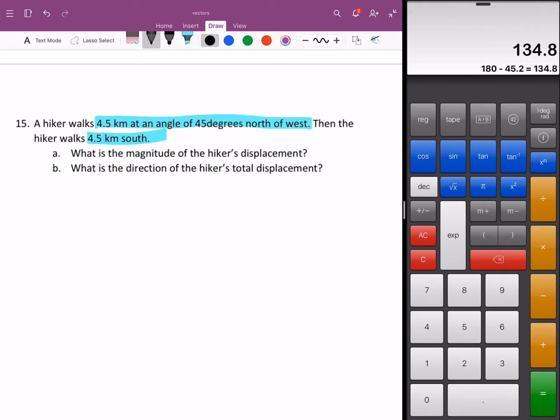Now you have a hiker going 45 degrees north of west. In this case, your degrees will also encompass quadrant 1.